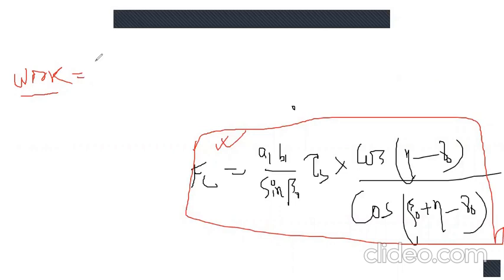That means force, cutting force, into displacement, means velocity. Velocity means meter per second. That means displacement per second. That means work per second. Velocity means displacement per second. So force into displacement per second.